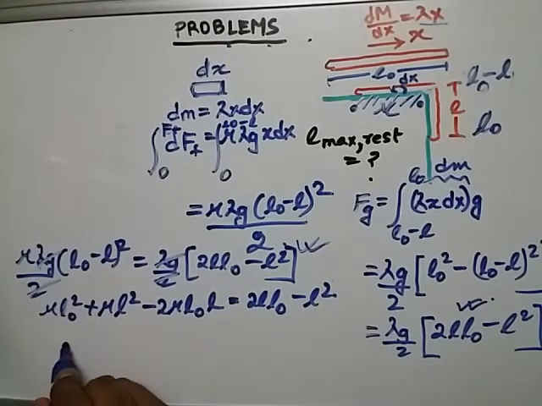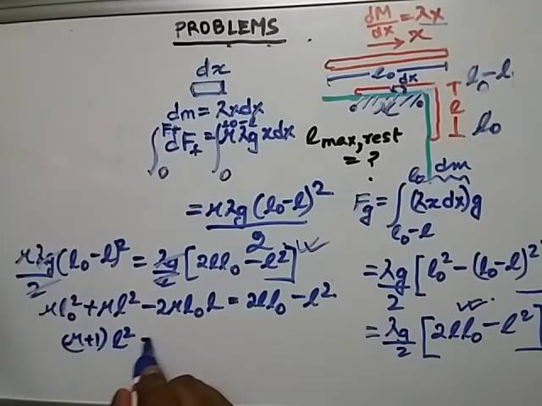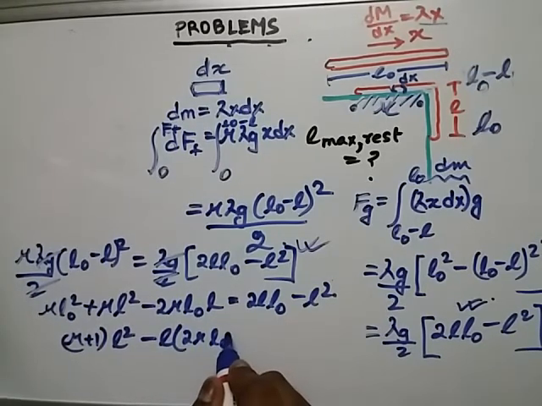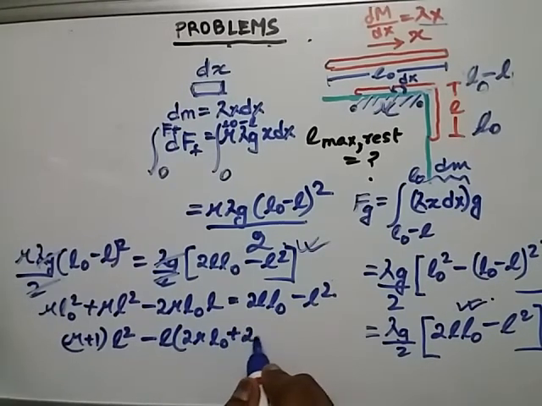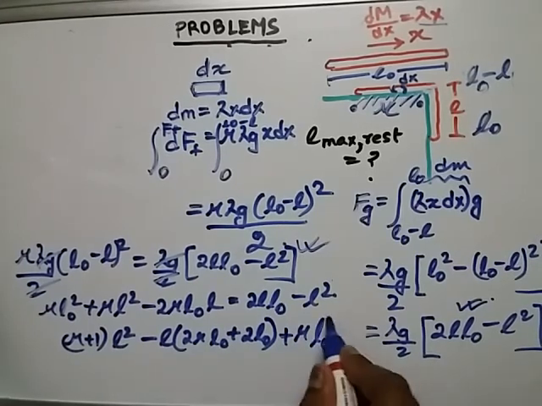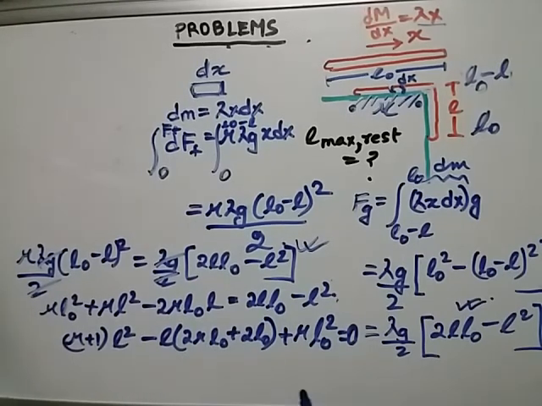So we get mu plus 1 into L square, minus L into 2 mu L0 plus 2L0, plus mu L0 square equals 0. So it goes over here, mu plus 1 is coming over here, so minus L into 2 mu plus 2 L0, and this is equal to mu L0 square.